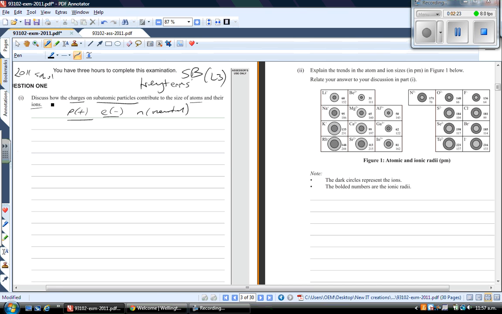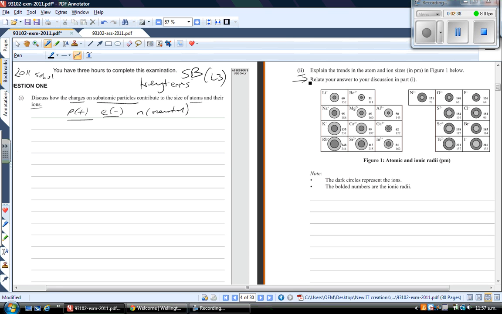We're also going to try and relate to part 2 here, because I have the page open, and it also tells you to relate your answer from part 2 to your answer from part 1. So what do we need to talk about here?